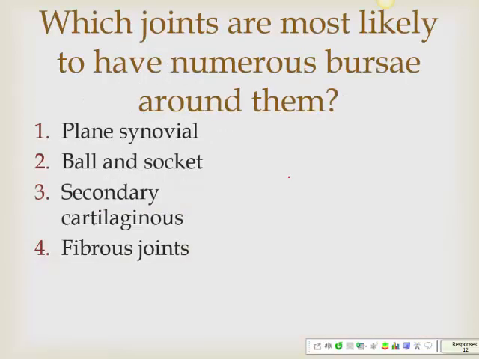So remember what we talked about when we said bursae and what their function was. Where do you think you're most likely to have bursae? In relation to which of these joints?